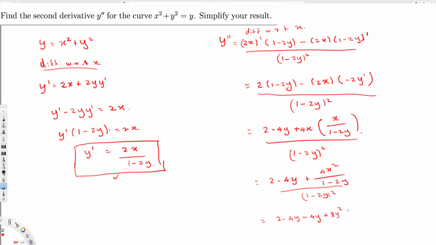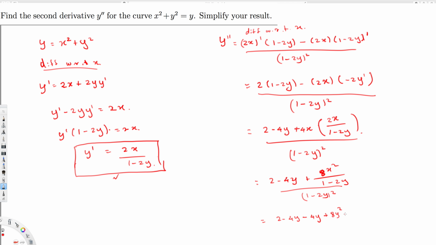And here we have 2x times 4x, so it's going to be 8x square.